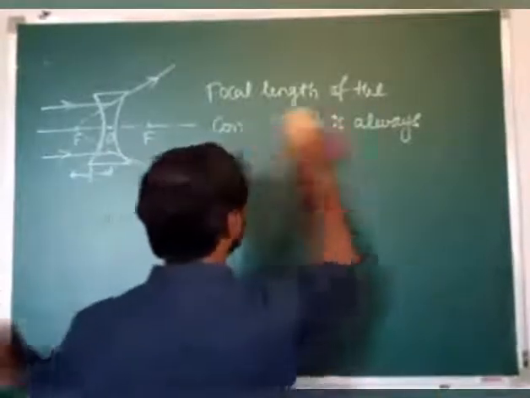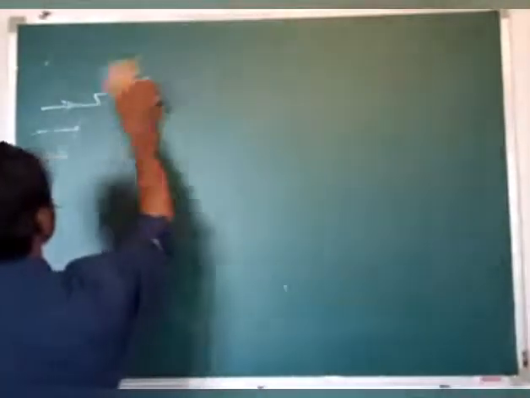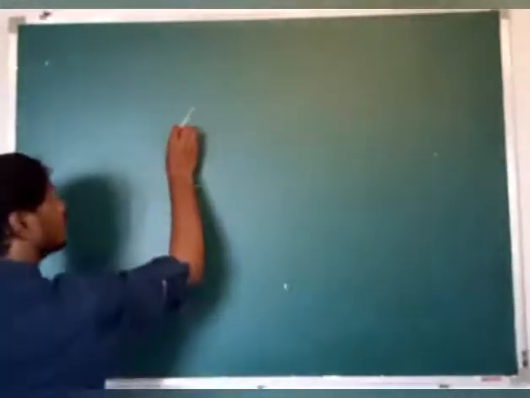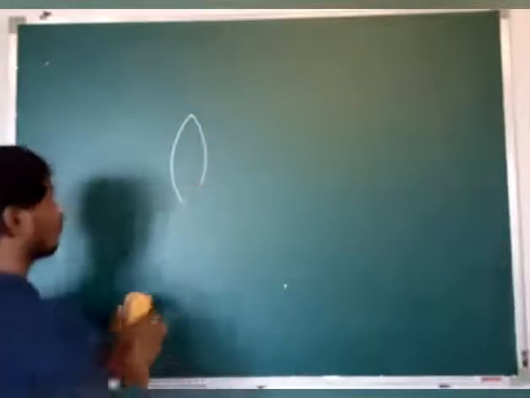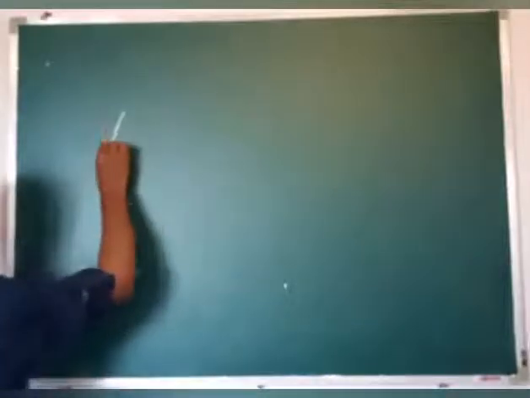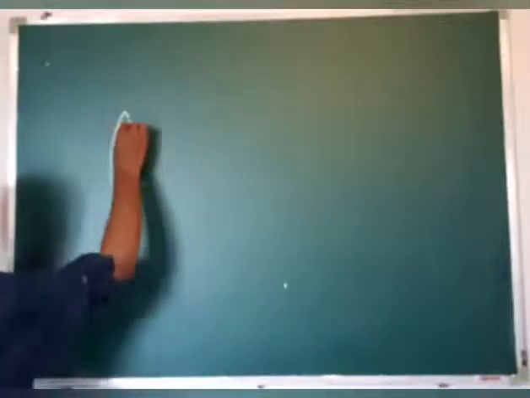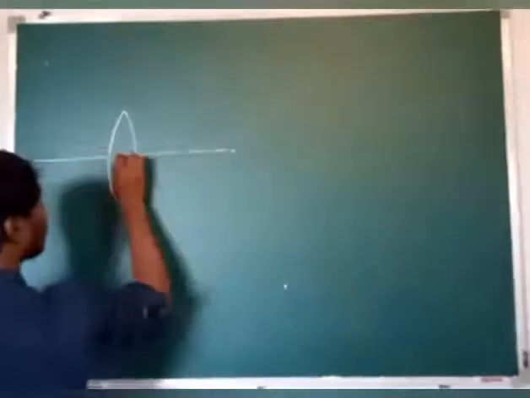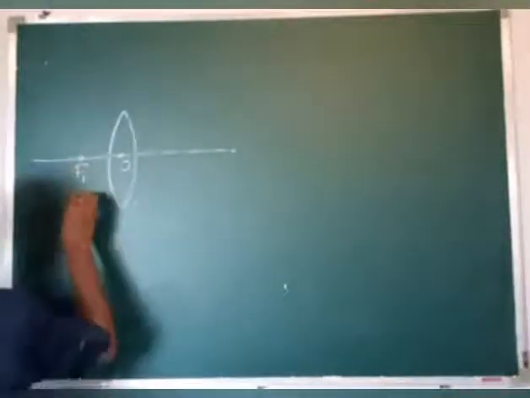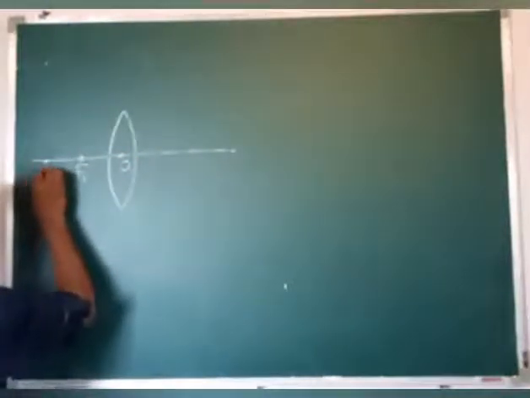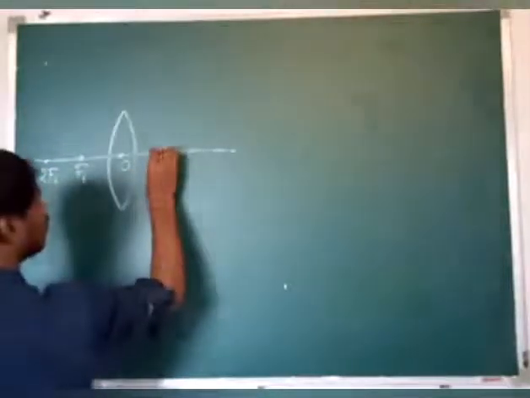So let us consider an example in case of a convex lens. As usual, optical center, focus F1 and 2F1, and this side it is F2.